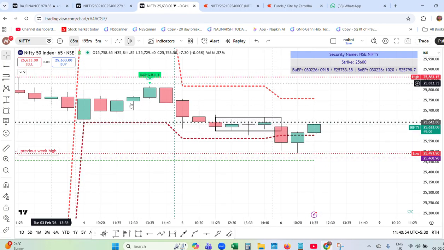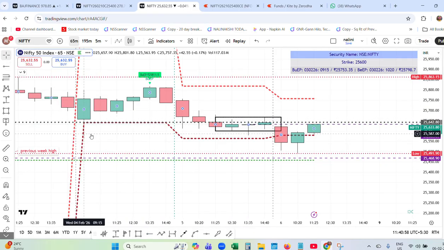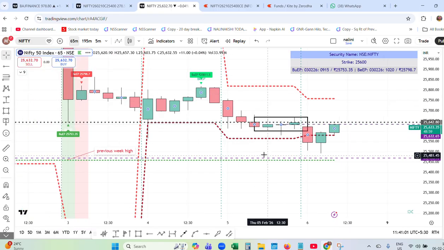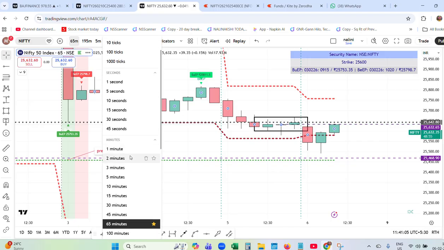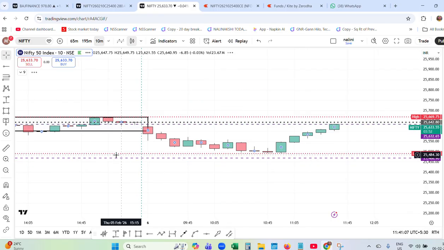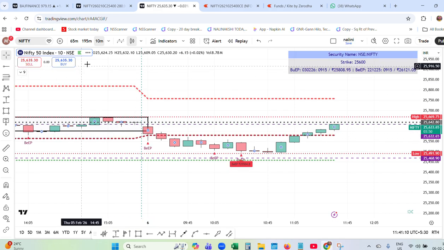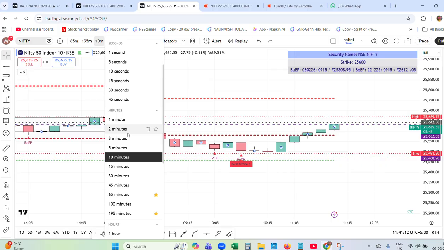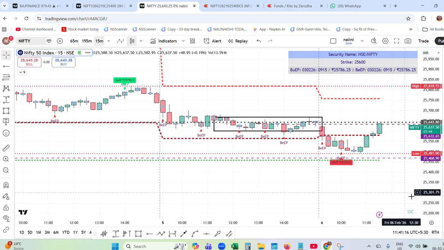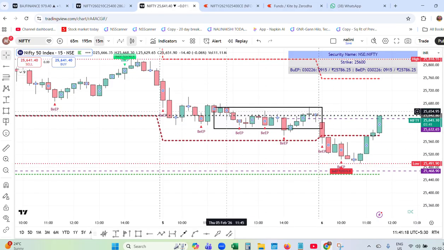And this is the manipulation level. Let me change the time frame to 15 minutes. Yeah, 15 minutes, and you can see this is the consolidation box. The market is trying to go near the consolidation box.